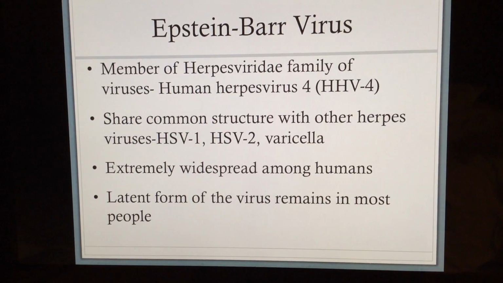The Epstein-Barr virus is extremely widespread among humans. It is thought that 90% of adults have evidence of a previous infection with the virus, and the latent form of the virus remains in most people, meaning that the virus is persistent in the body for the life of the host, and it lies dormant.